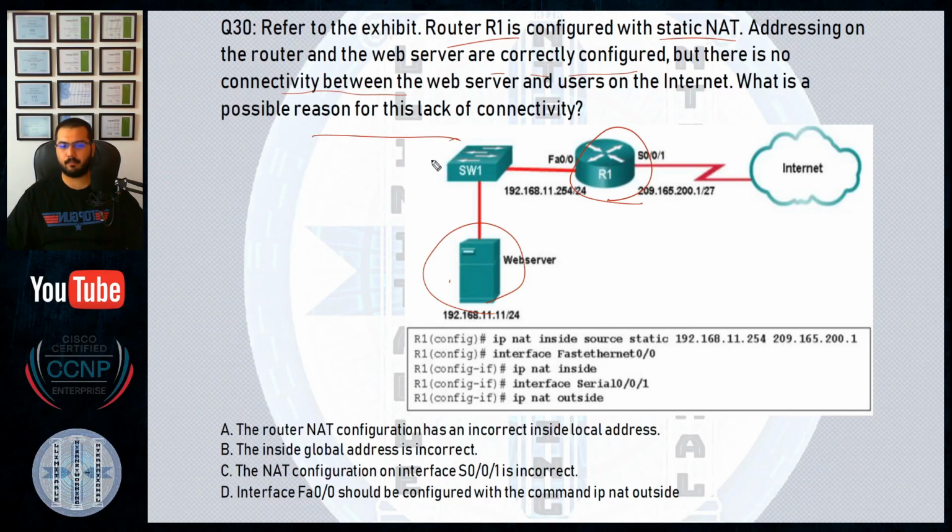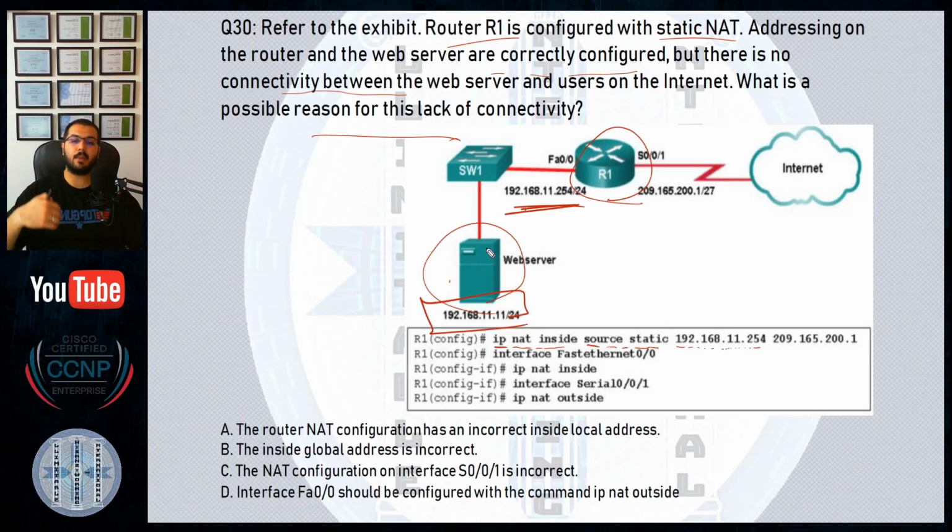What is the lack? So this guy says that IP NAT inside, okay, in this router, the source will be static, correct. IP address 192.168.11.254. It should be this one, because we are planning to translate this IP, private IP address of a host.